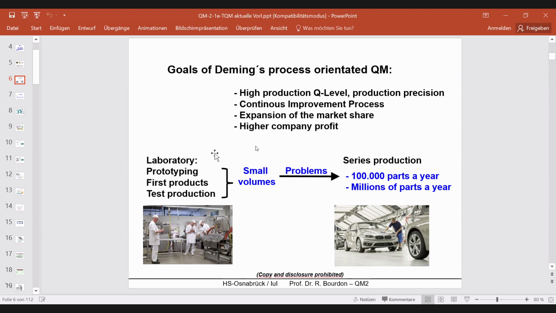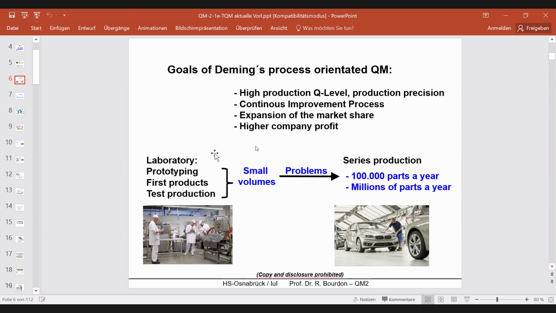In practice, if we have a new project, the beginning of a new project is planning, simulation, prototyping. Then we have first series products, but it is the beginning, it's a trial, the beginning of the series production, not the real series production, it's a test production, the first run. And then we have some optimizations.